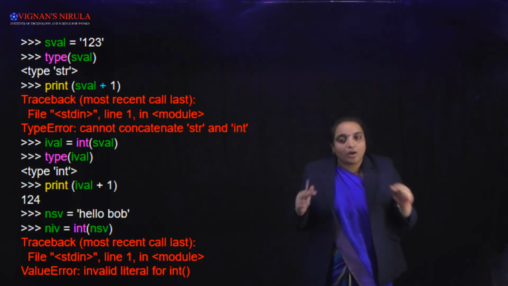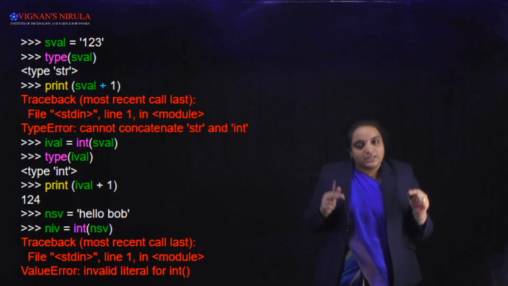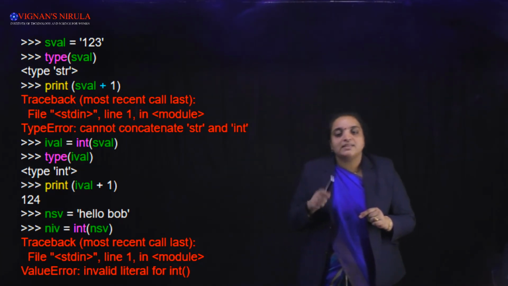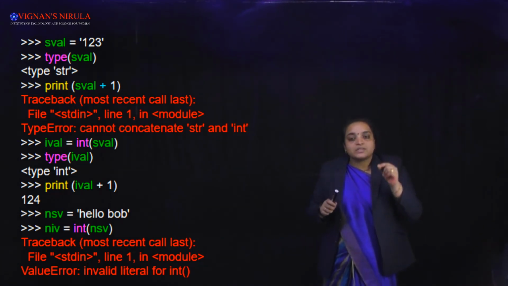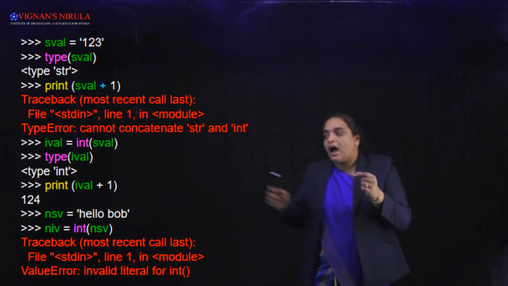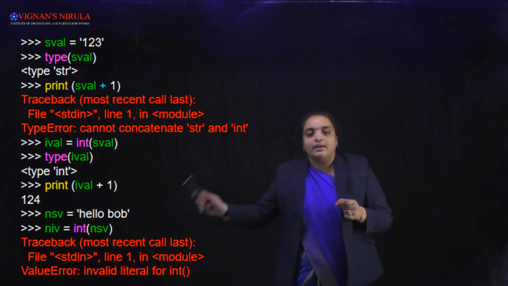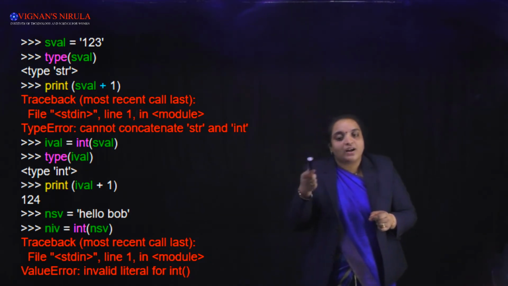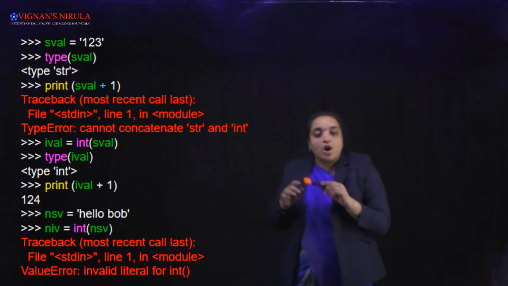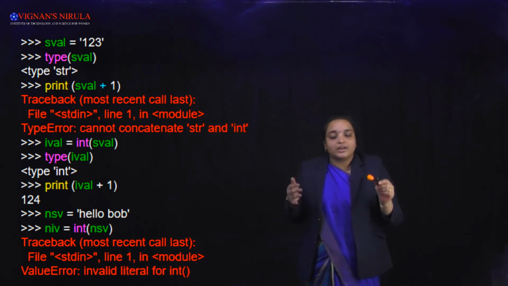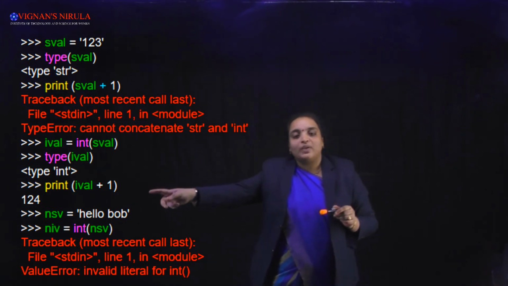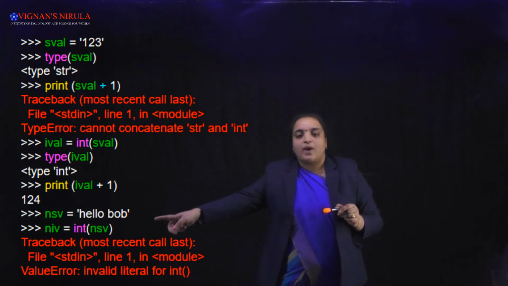You are not at all converting it to an integer. In the next example, the S value is converted to an integer and placed in I. If you do that, then you can easily add the value to it. The initial number is 123. It is not possible to add if you have not converted that number to an integer value, but when you convert it to an integer value, it is very easy to add.